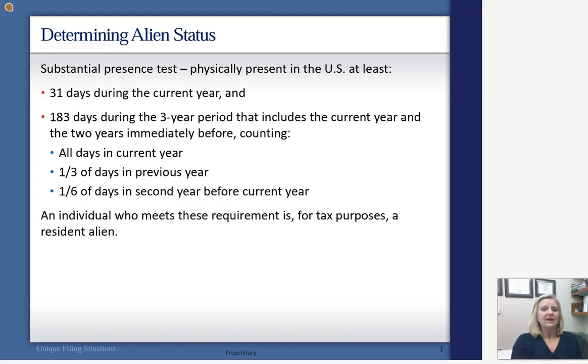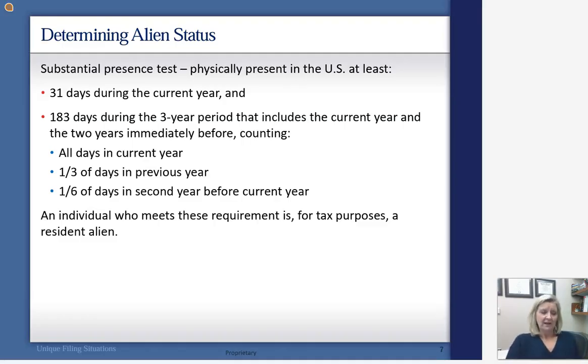We are looking at something called the substantial presence test. We are going to apply the substantial presence test to non-residents who are not here on student or scholar visas. People who are here on student and scholar visas are exempt from the substantial presence test during their time on that visa.